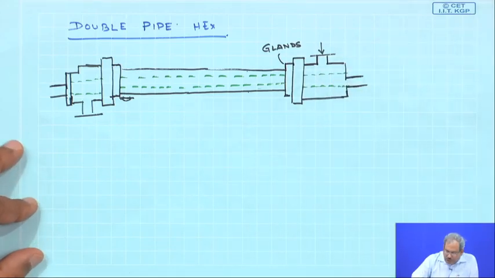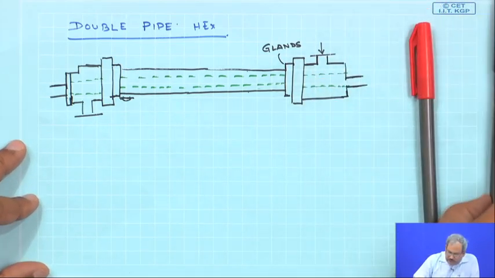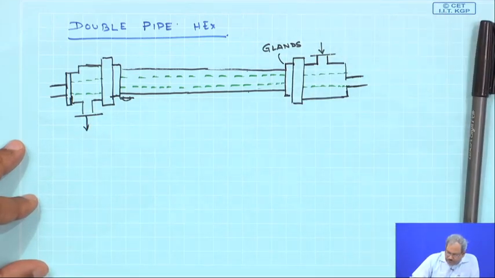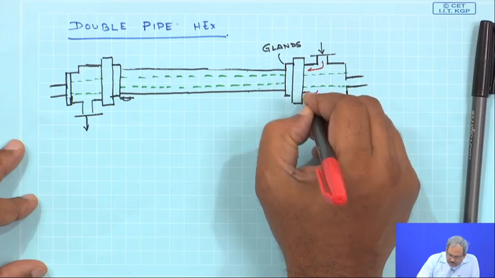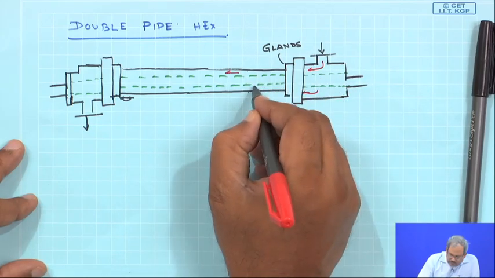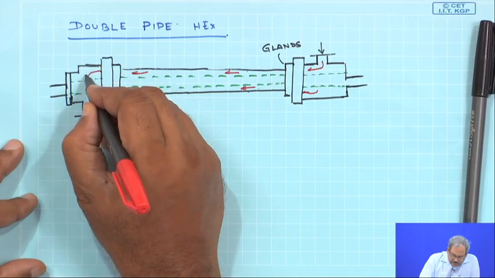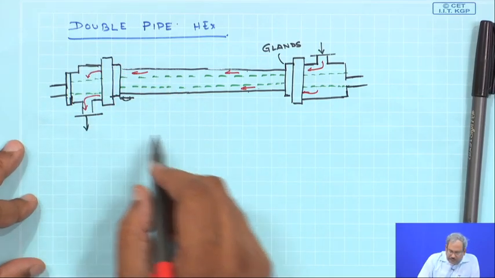So the hot fluid, or let us say the shell side fluid, is going to come through this, the shell side is going to flow in this direction, and then it is going to be collected at the other end.